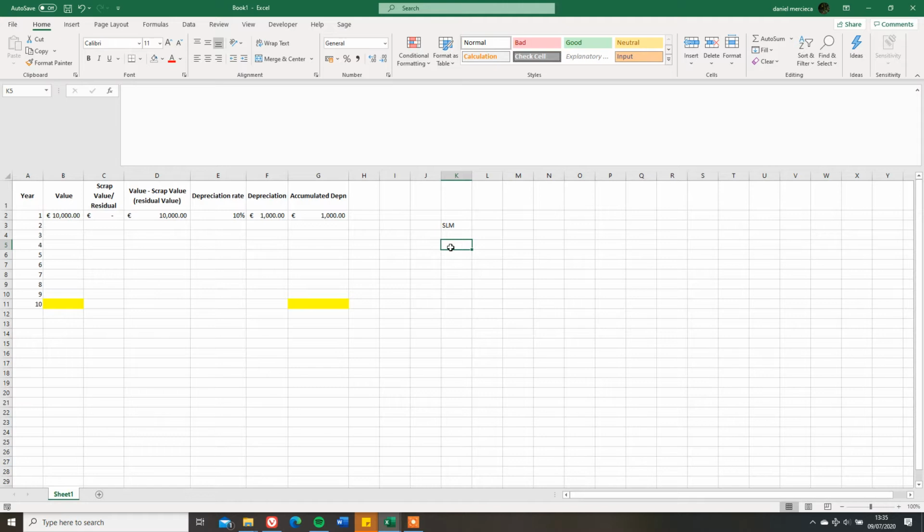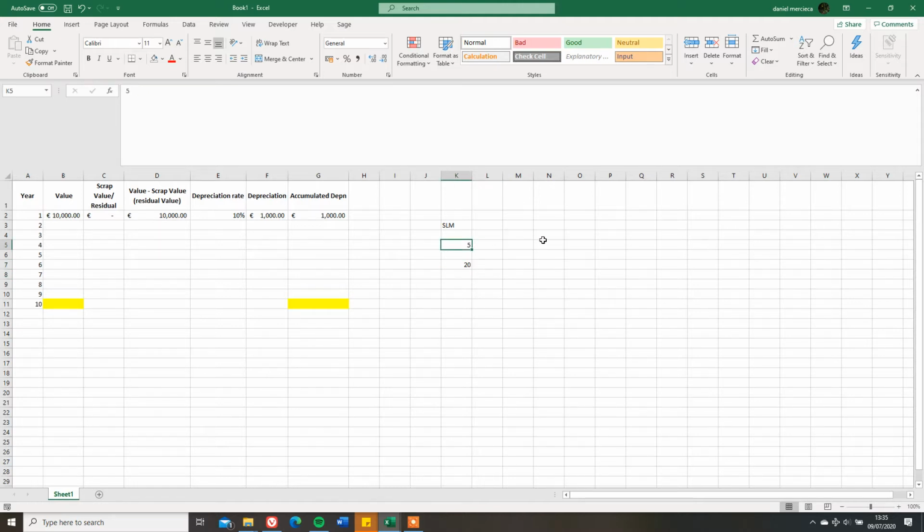So you could be given, for instance, maybe a depreciation over 5 years. In that case, what you would have to do is simply divide the 100 by 5, apologies. And that would give us a rate of 20% per annum.